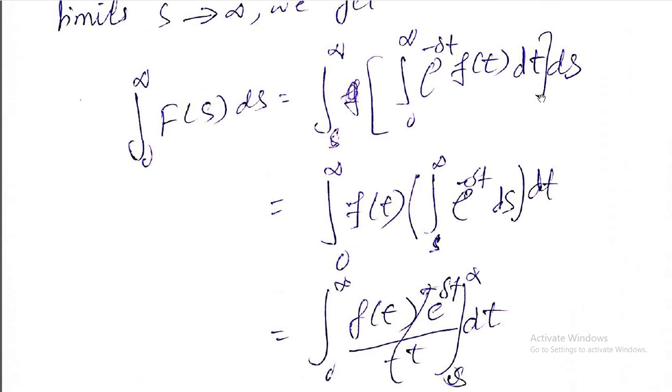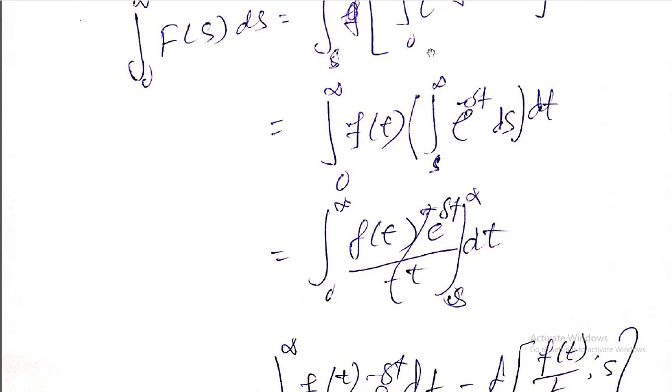How to change this? It is not easy just to bring ds inside and dt outside. No, there is a procedure, and at some time it also changes the limits.